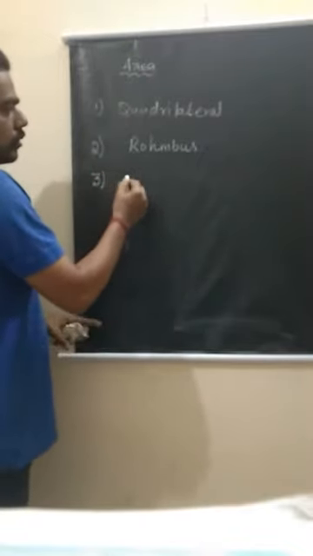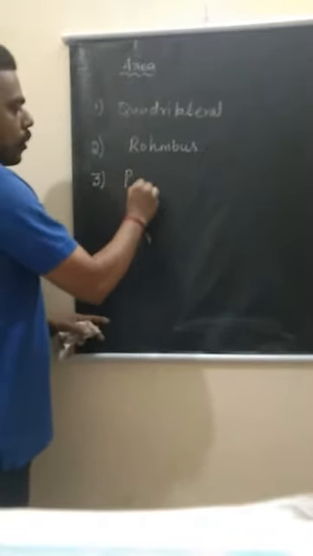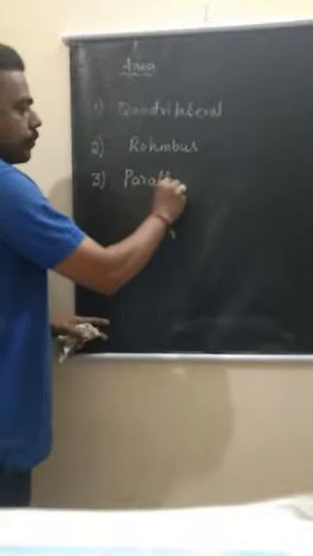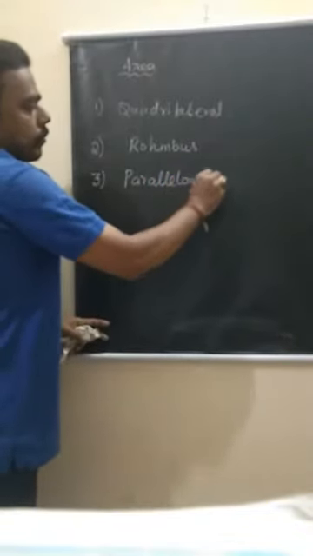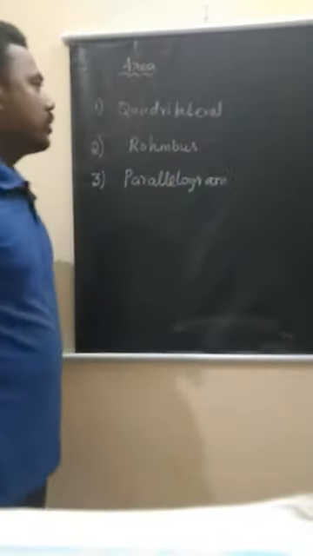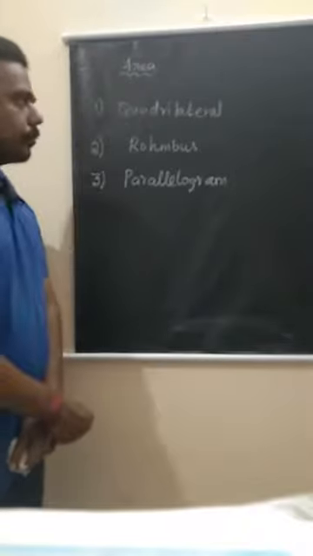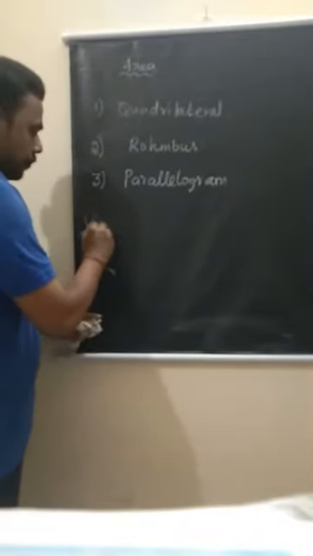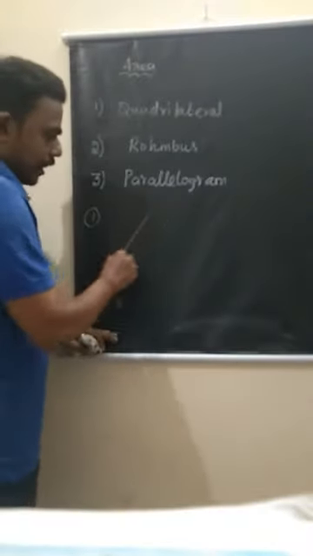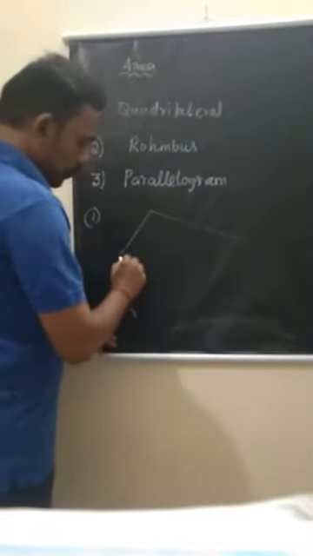Third, suppose a parallelogram. These three areas we are going to discuss. For the quadrilateral, first one: area. A general quadrilateral has four sides.